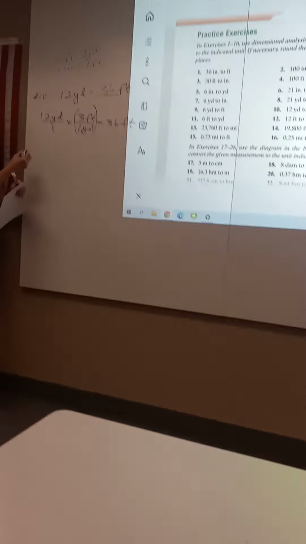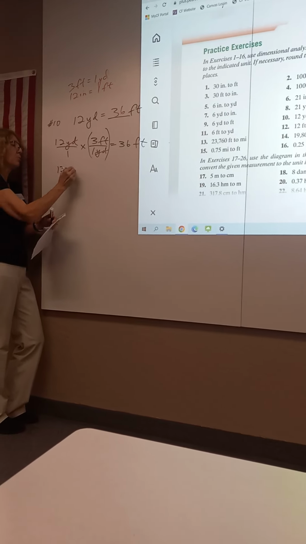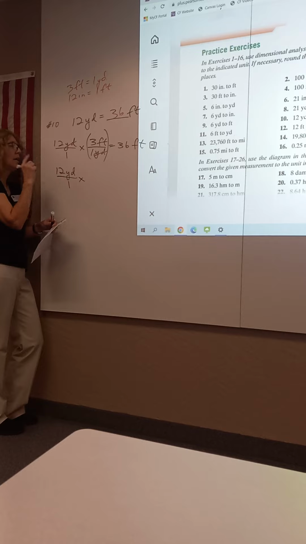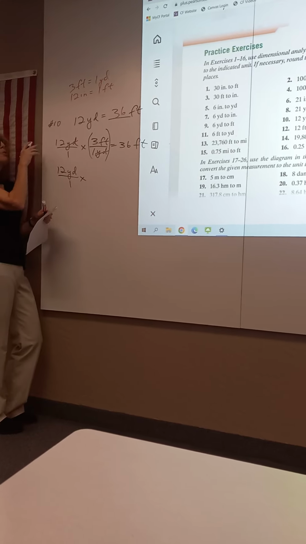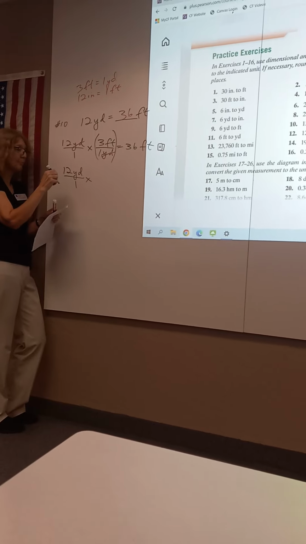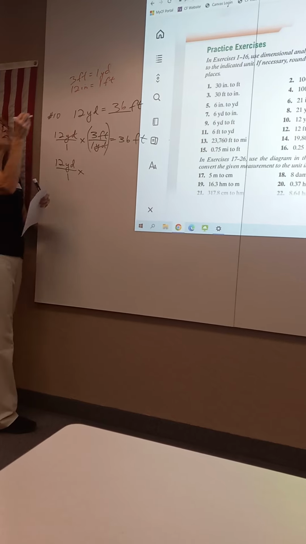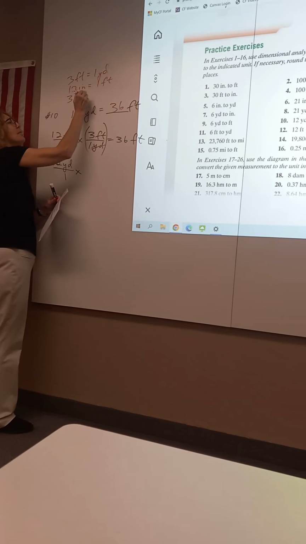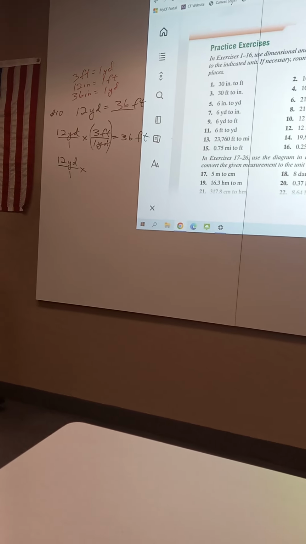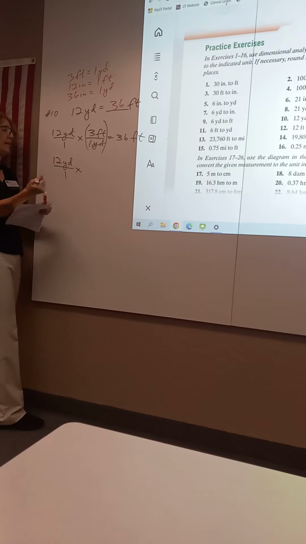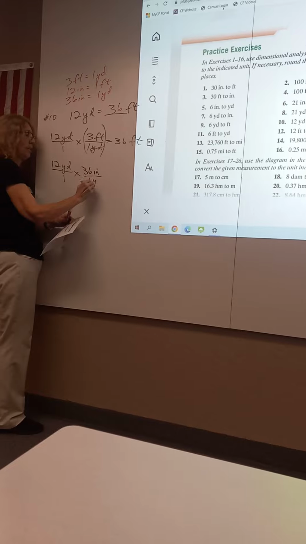This would be more complicated to start here. If I used the fact that, well, I think you told me this a moment ago, there are 36 inches in 1 yard, then I would write this as 36 inches in 1 yard.